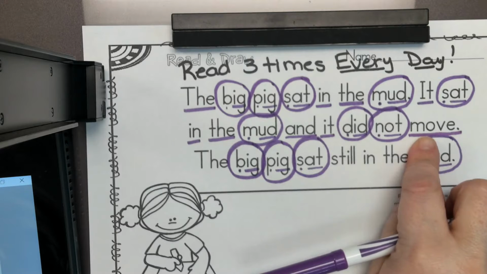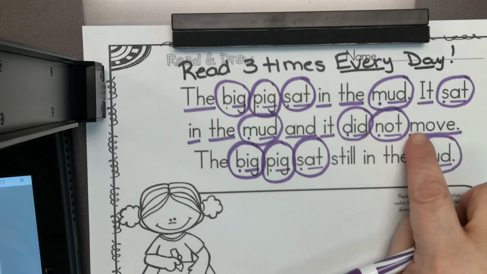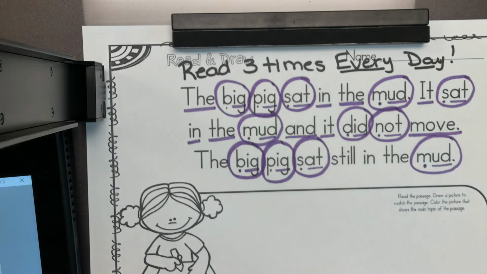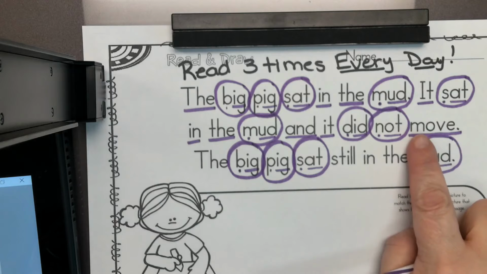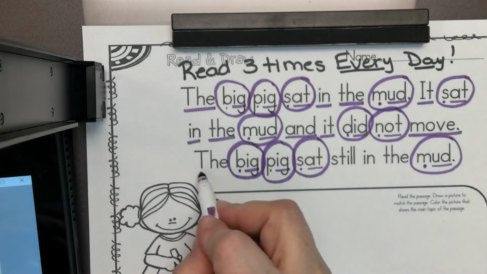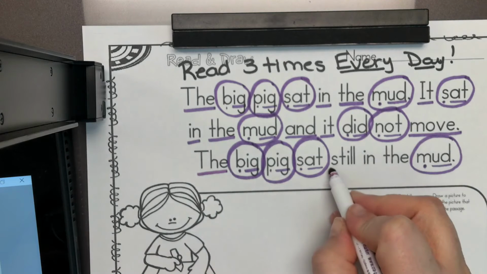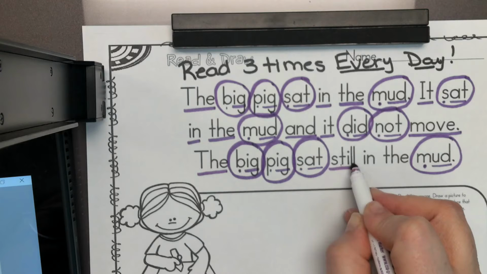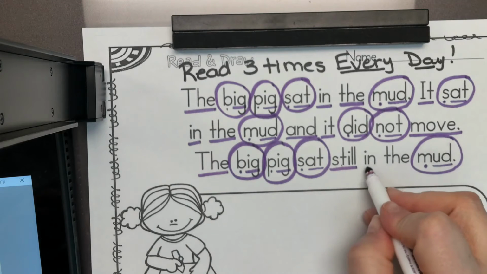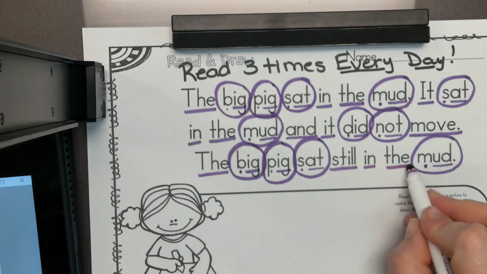This is more difficult. This word is move. Move. It does not follow the phonics rules. That's why it's so important that we learn it as a sight word. Move. The, still, in the.